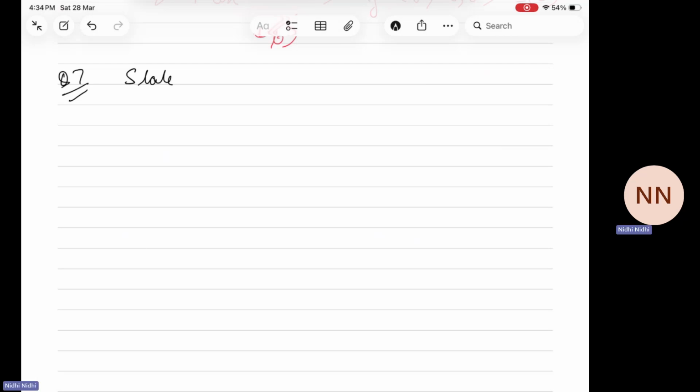I think my screen is not visible. There is some issue.